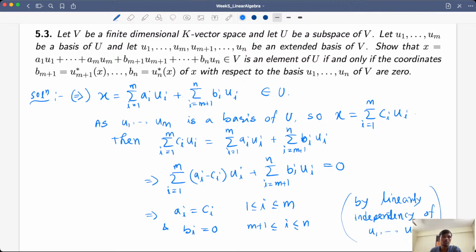So that completes this direction, that all these bi are 0.